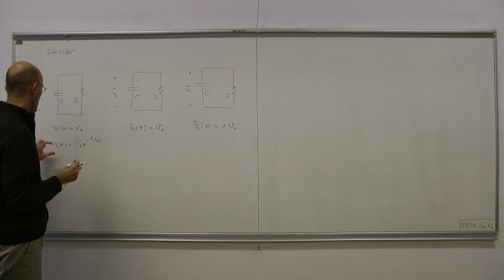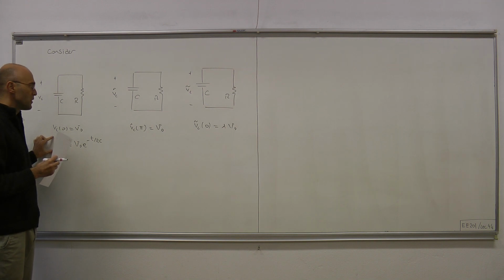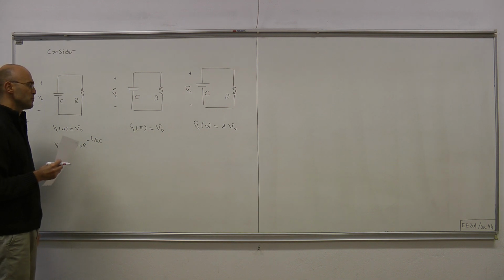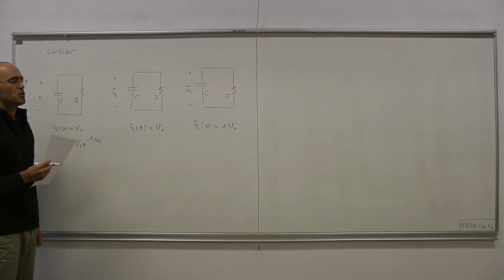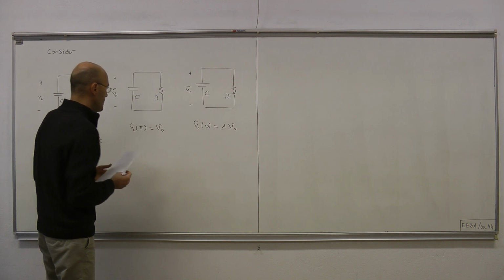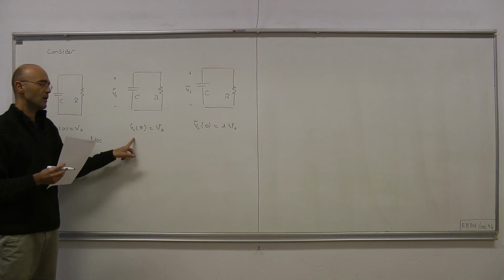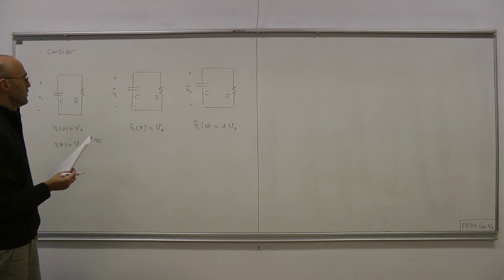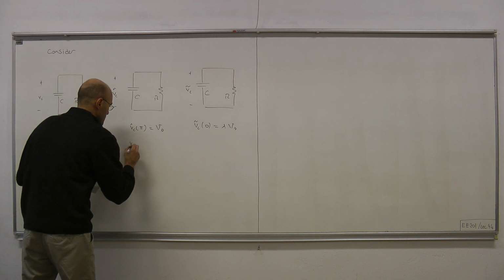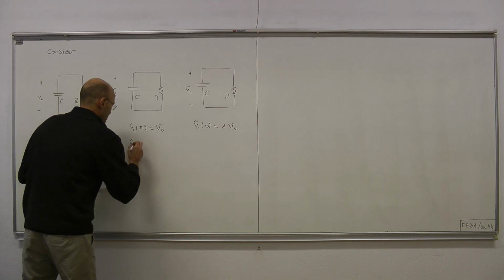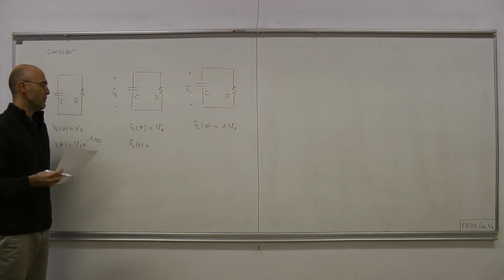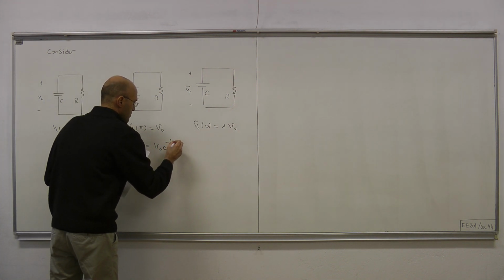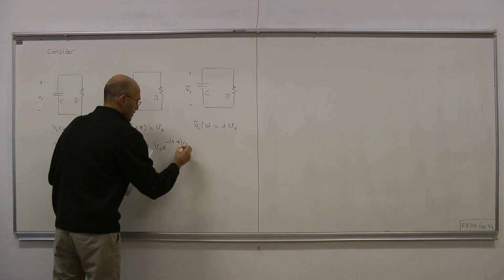Now, if you know the solution to the first experiment, you don't have to perform the remaining two experiments, because the circuit is LTI, and you can use time-invariance and homogeneity to directly write down the solutions for the two other cases. For this circuit, we have VC hat of t equals V0 e to the minus (t minus pi) over RC.